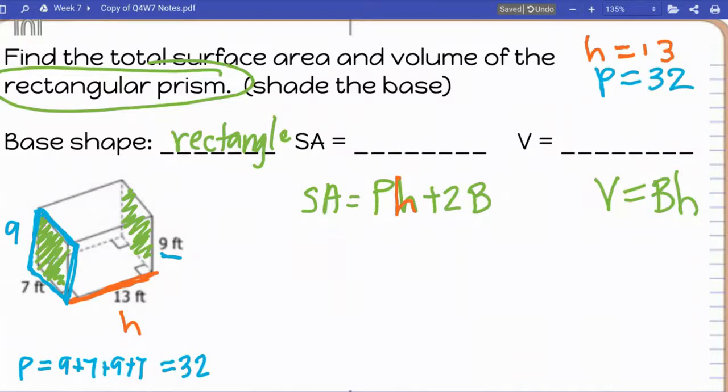And then if I want the area of that base, which is big B, that's just going to be base times height, so that's 9 times 7, which is 63.